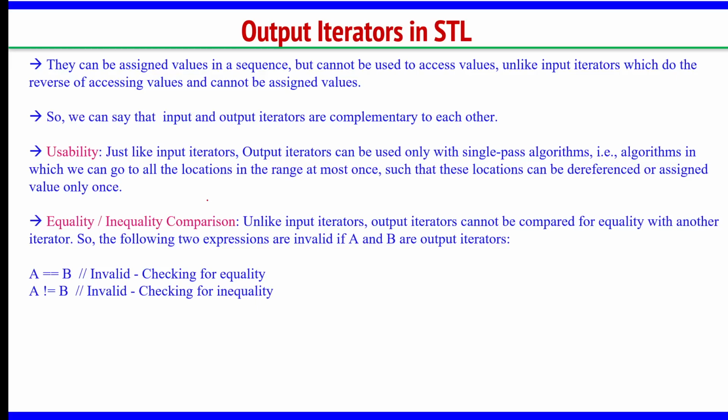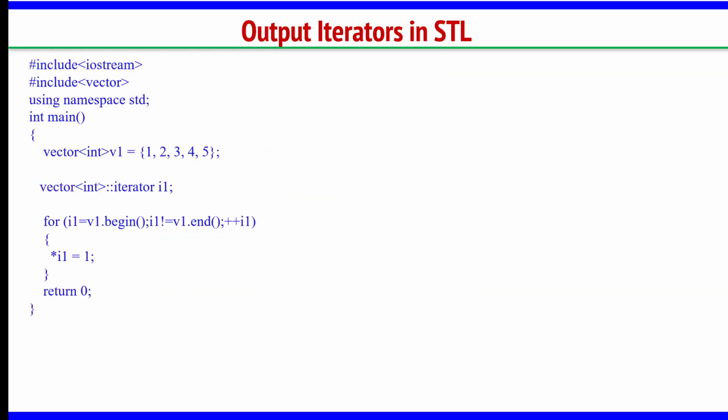Next one, the output iterators in STL. What are these output iterators? Let us see an example and then come back to the theoretical understanding. Same as before, I have a vector v1 with 1, 2, 3, 4, 5. I have created an iterator I1 using the syntax. Then, same thing: I1 = v1.begin(); I1 != v1.end(); ++I1.